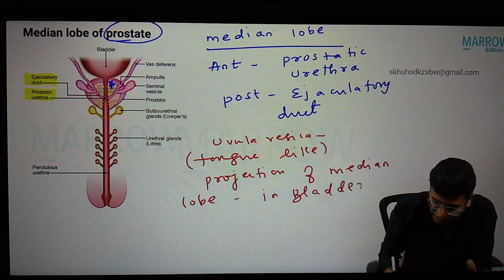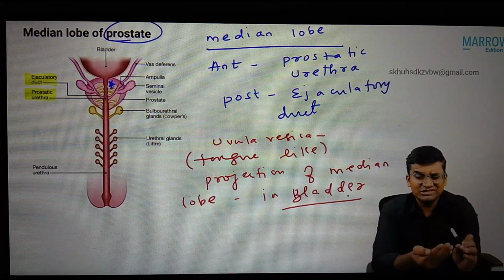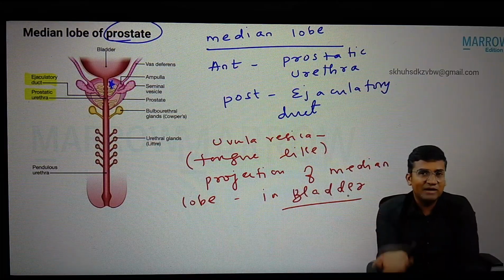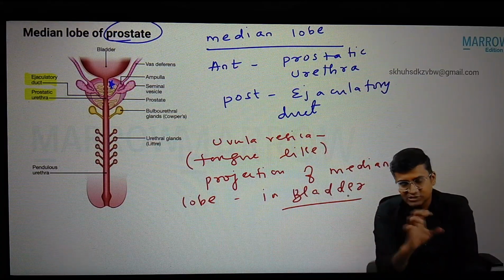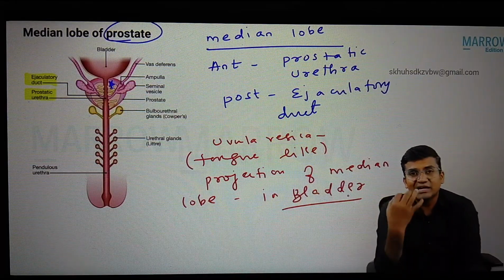Vesicae means bladder. Uvula means tongue-like projection. Okay. So uvula vesicae is a part of the median lobe.